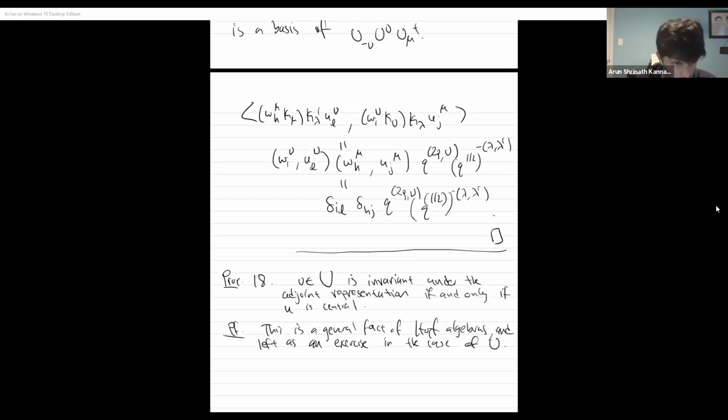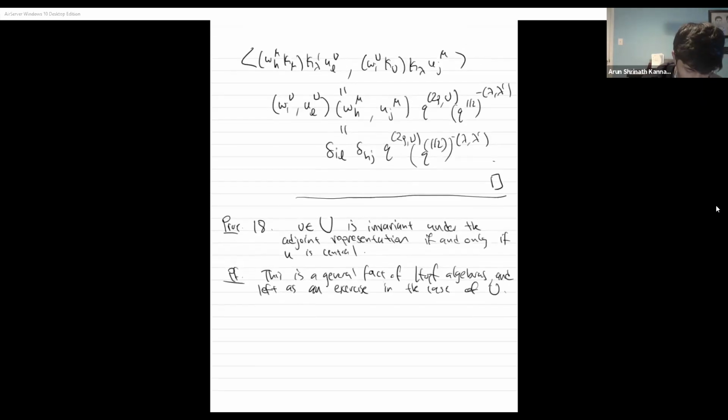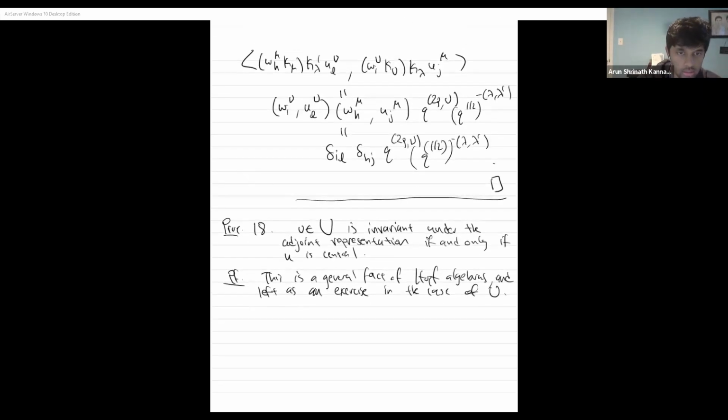So we're almost there. This is the home stretch to proving surjectivity of the Harish-Chandra homomorphism. Our goal is that we want to construct central elements whose images under the Harish-Chandra homomorphism give us a spanning set of the W-invariants.